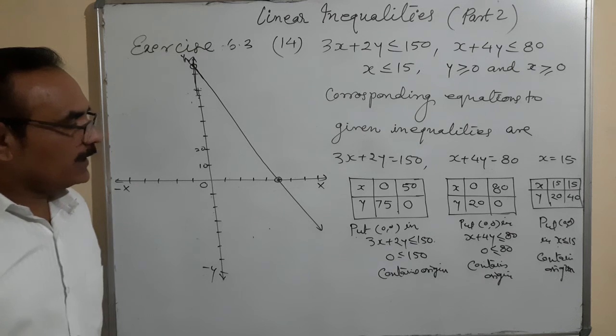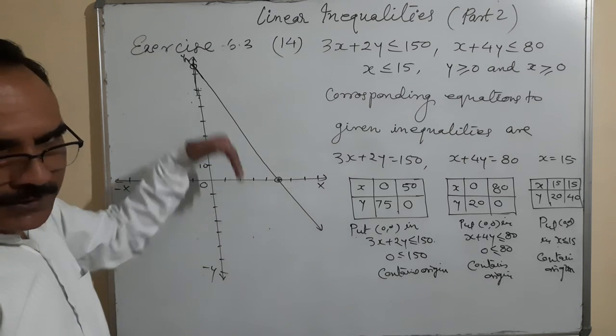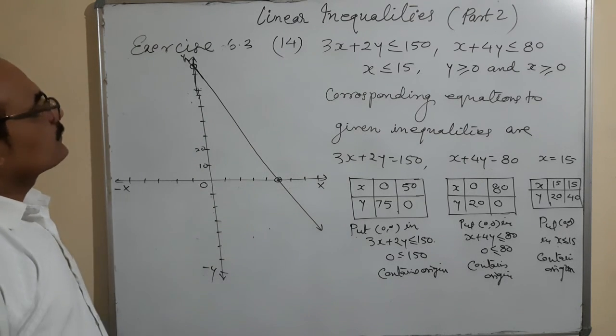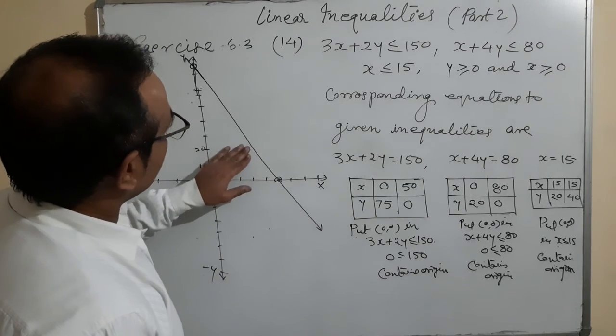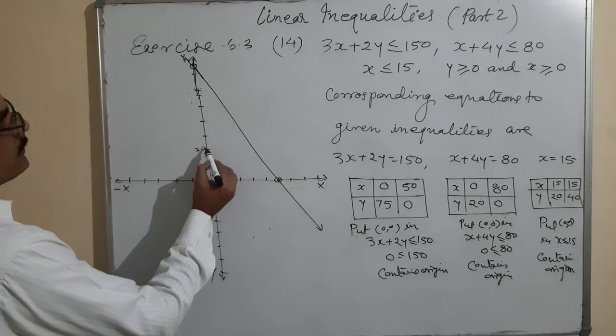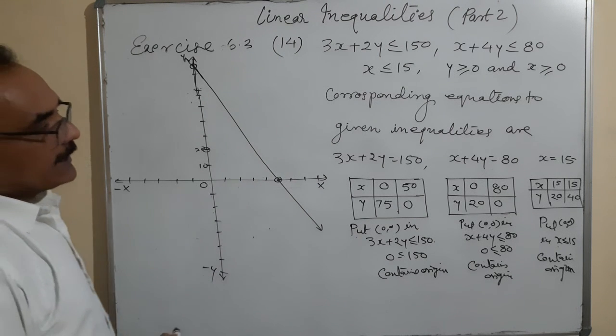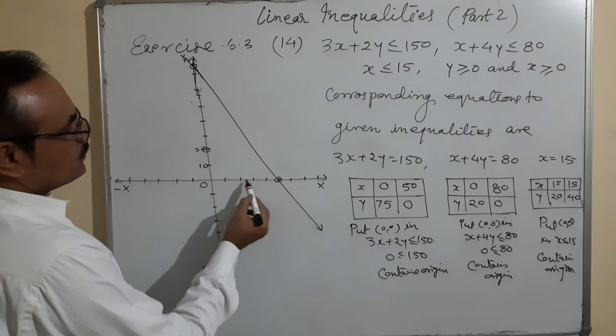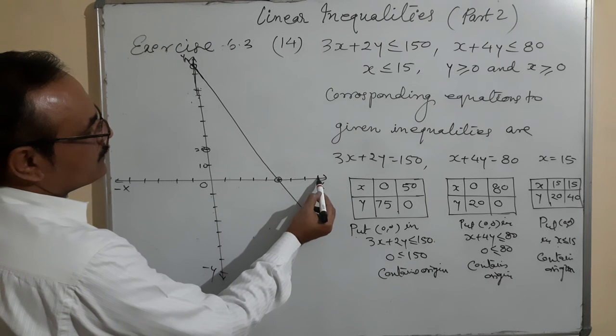The line contains the origin. Second line is x 0, y 20, and second point x 80, y 0. 1, 2, 3, 4, 5, 6, 7, 8.